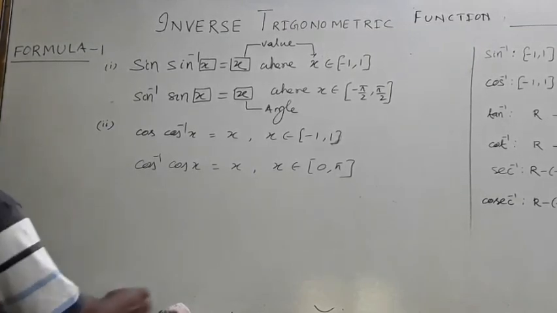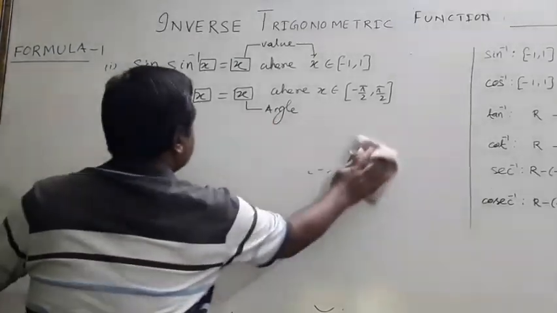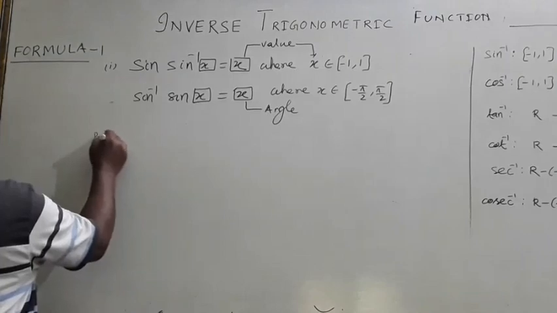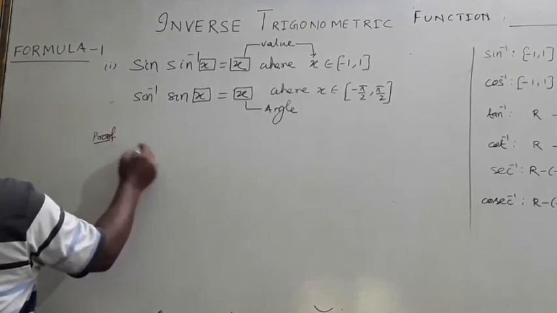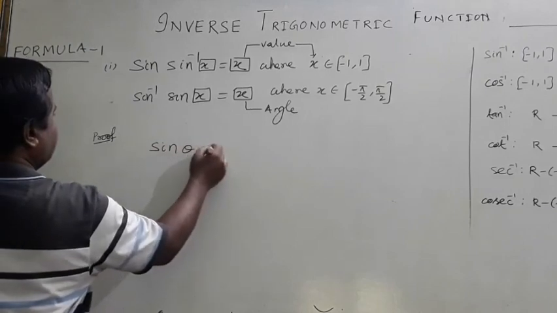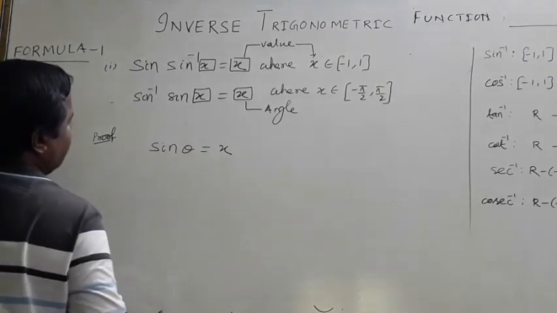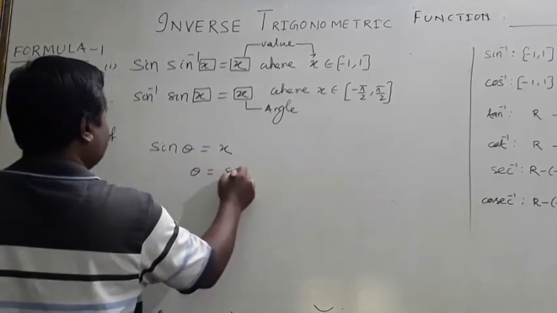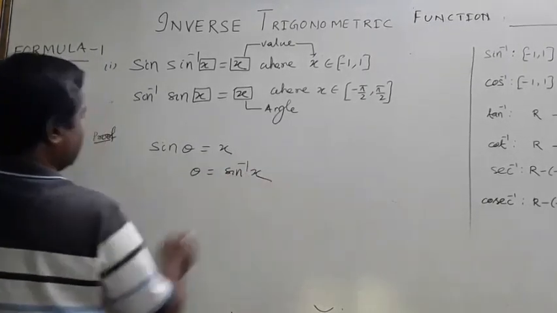Then what is the proof? First I am giving you the proof. Suppose sin theta is equal to x. Then what is theta? Theta is sin inverse x.